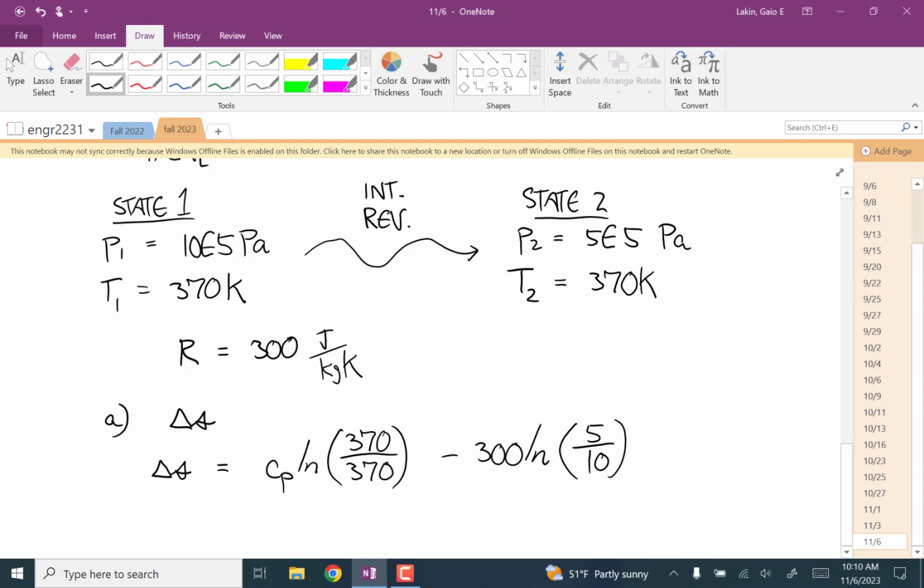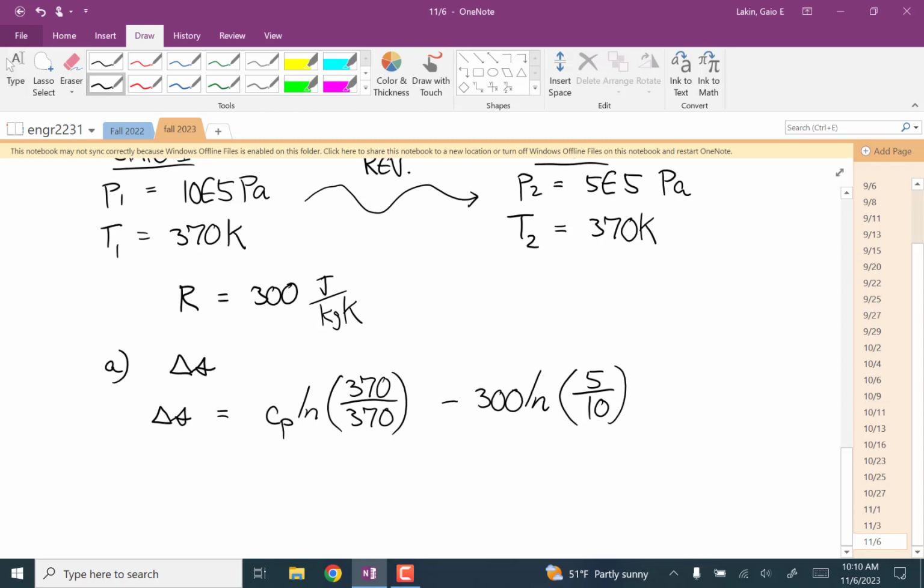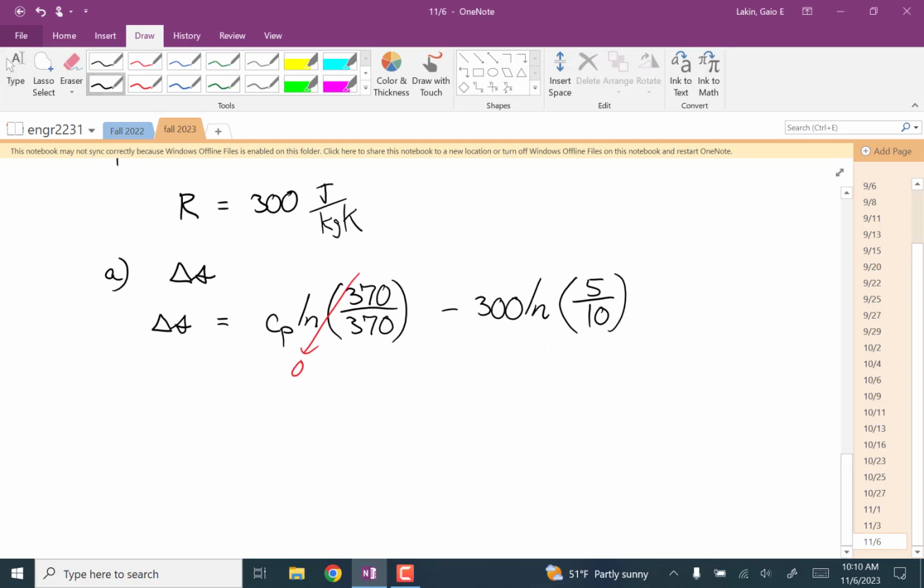We don't know Cp, but the natural log of 1 is 0, so this goes away. And so you get that the change in specific entropy is negative 300 times the natural log of 0.5. And you get about 207.9 joules per kilogram Kelvin.